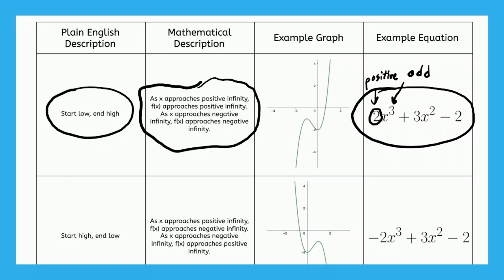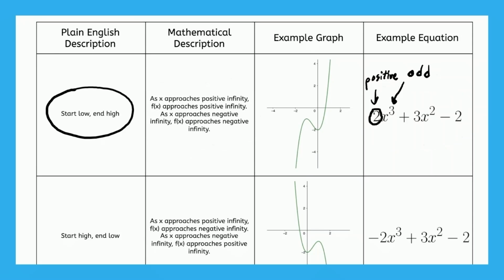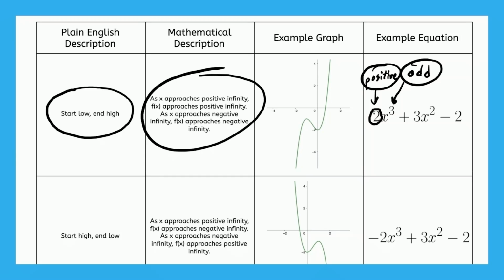Now, if the sign of this coefficient is negative, or if the degree of our polynomial is even, then the end behavior will be different, and we'll talk about those scenarios as well. So for start low, end high, just remember that the leading coefficient is positive and the degree of the polynomial is odd.